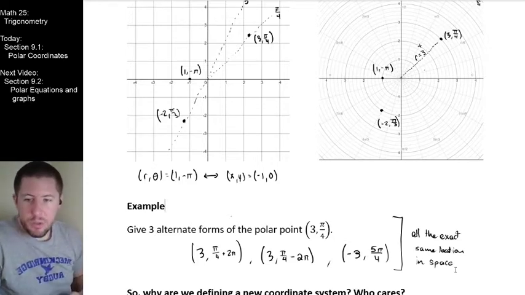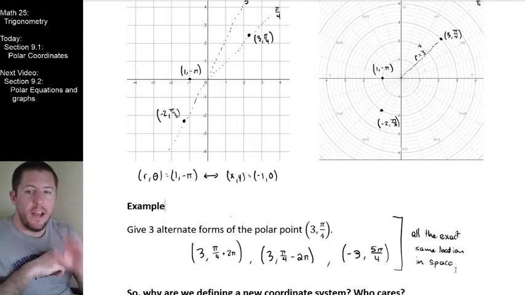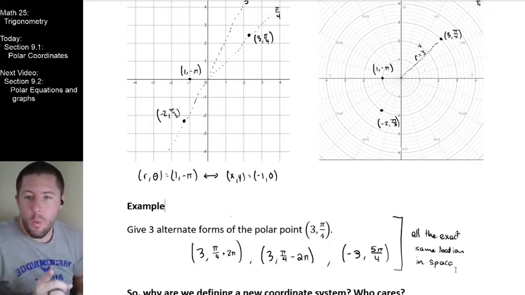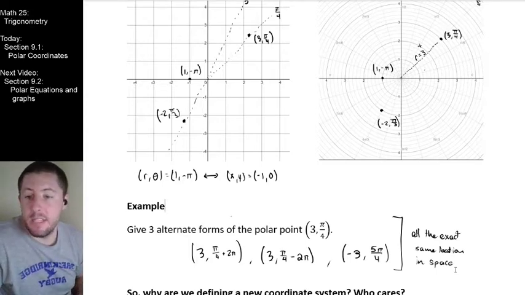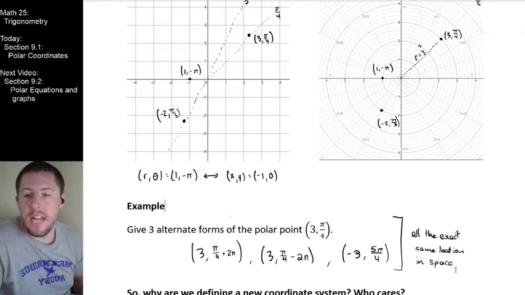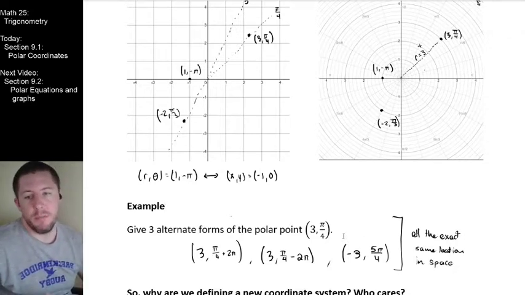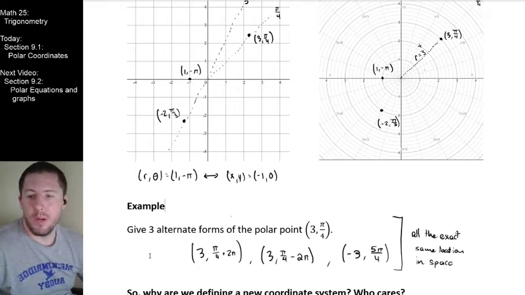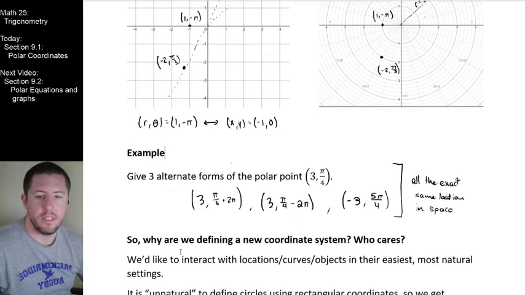One of the distinctions between our rectangular coordinate system xy and our polar coordinate r theta is that in the xy coordinate system there's always only one representation of any point in space, but in our polar system there are many alternate ways in which you could technically represent that same location in space. So just be aware that it's technically possible that you and another person might come up with 2 different looking answers for a question, and maybe both of you are right. That's technically possible in polar, that's not technically possible in the xy coordinate system.